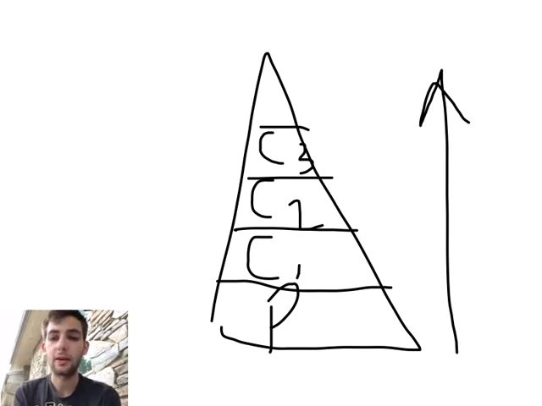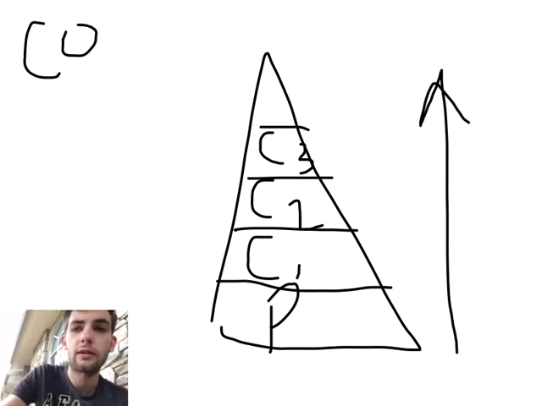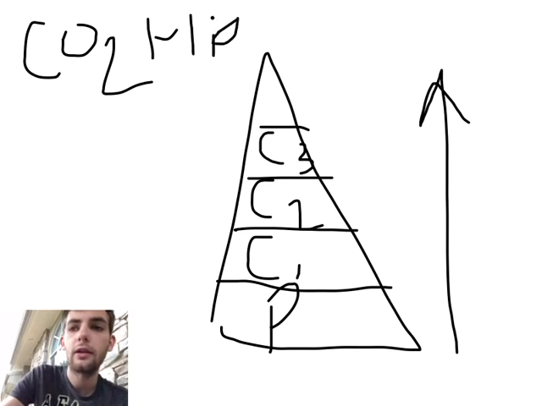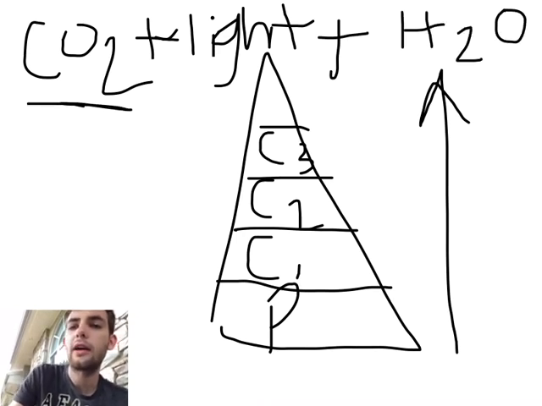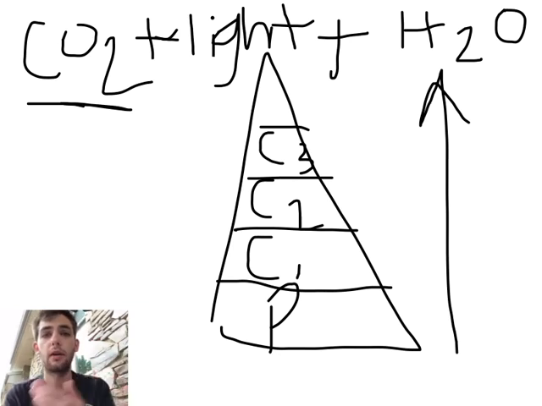Well, remember, one of the key components of photosynthesis is carbon dioxide, light, plus water. So that carbon dioxide that is in photosynthesis is coming from animals. So the correct answer here is A.